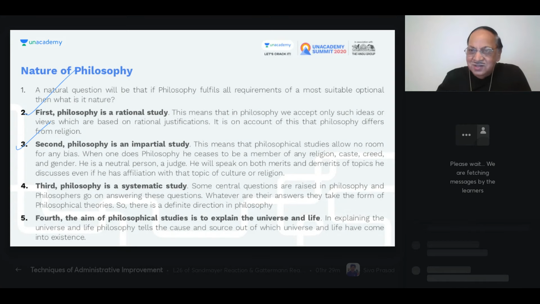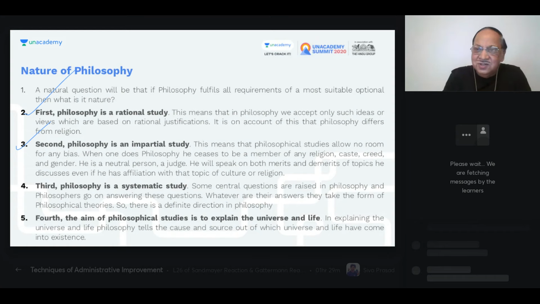Suppose you are going to speak from the philosophy point of view about your own culture or your own religion. Then you will have to speak both the merits and demerits of your culture, not only the merits because it is your culture.